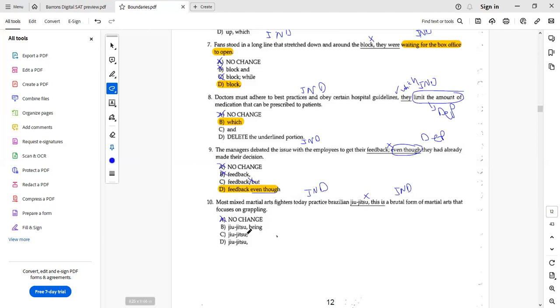Yes, it can be. But wait, because we need the best. This is gonna be a modifier. Jitsu, then semicolon, a brutal form of martial arts? No, because like that there is not gonna be a subject and verb, so it's not gonna need a semicolon. What if we put a comma? Jitsu, then we said a brutal form. Like that is gonna be an appositive. And this is better than being. So D is the right answer. But B also can be, to make it a modifier. But the right answer is D.